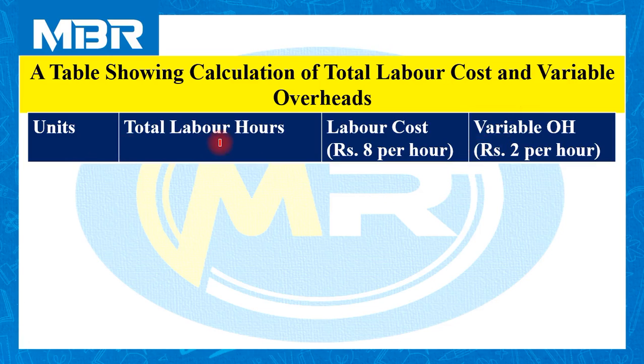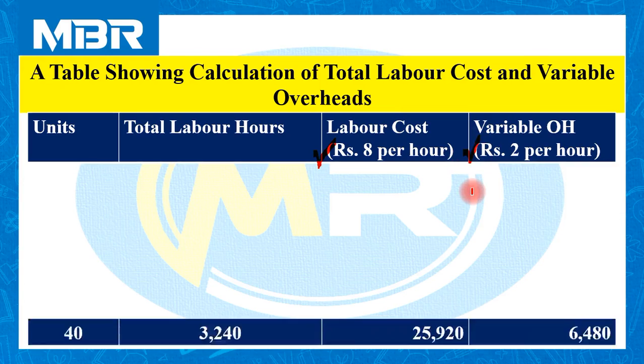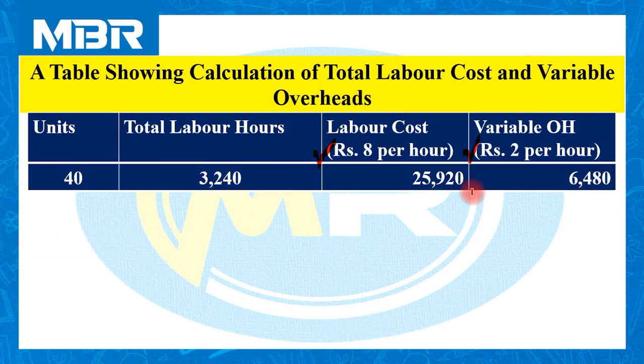So units, total labor hours, labor cost and variable overheads. As per the information given to us, the rate of labor cost is ₹8 per hour and variable overheads are ₹2 per hour. Let us calculate for 40 units. For the manufacturing of 40 units, we are in need of 3,240 hours.